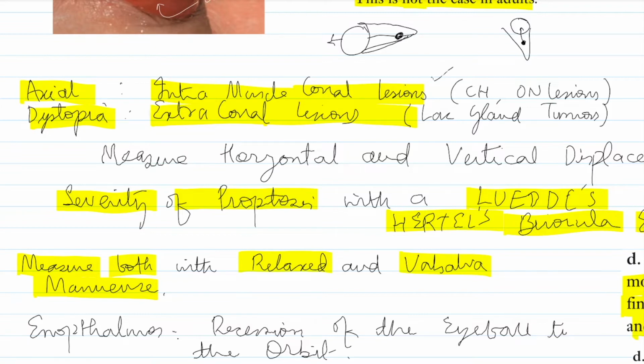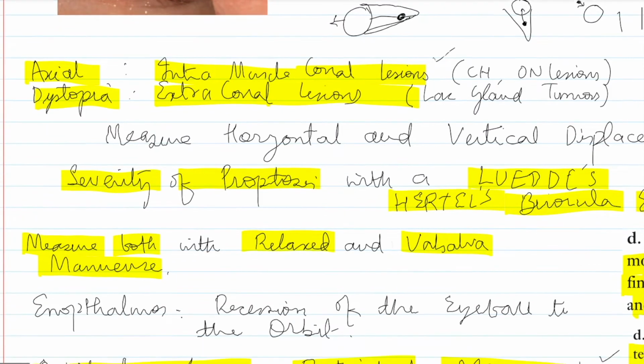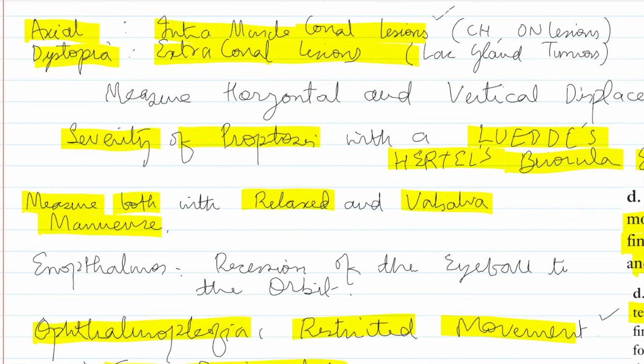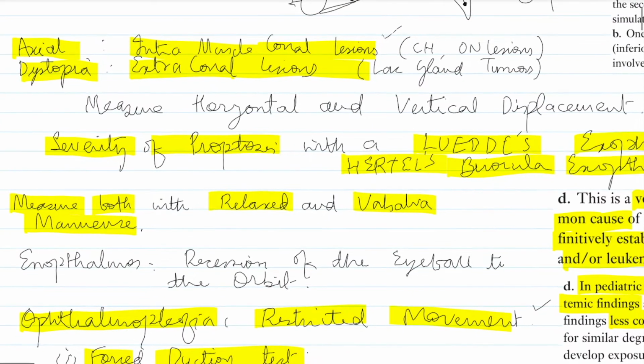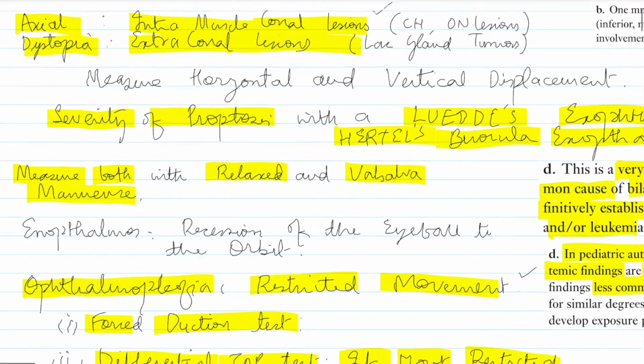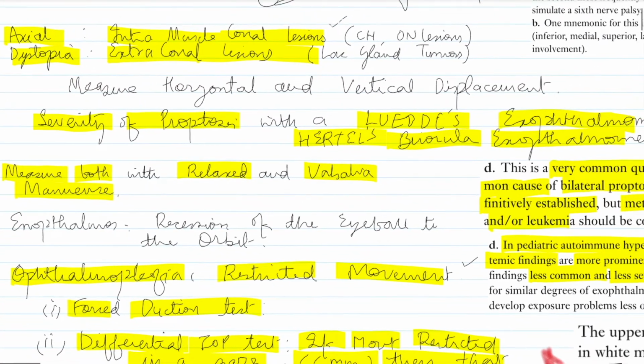Whereas if there is a lesion, say a lacrimal gland tumor, now we know a lacrimal gland tumor is superolateral in position, so that would push the eye infero-medially. So this would be called a dystopic proptosis. Always keep in mind to measure the horizontal and vertical displacement while documenting a proptosis.